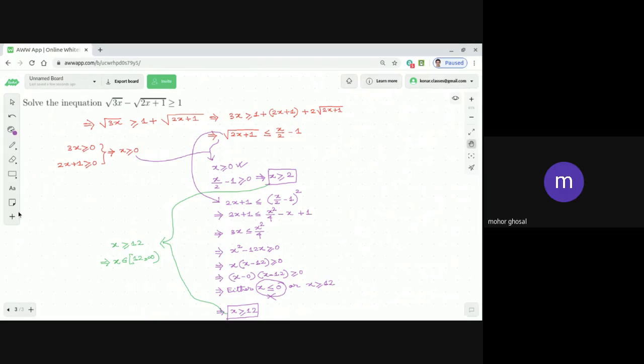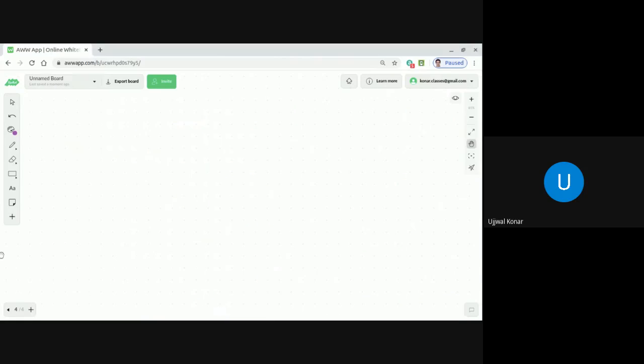And tomorrow we will be discussing the solutions to the 3 questions I gave for the wavy curve method, and these 2 questions I'm giving now on irrational inequalities. Just apply the concept we have learned today. That is the first one, and this is the second one.